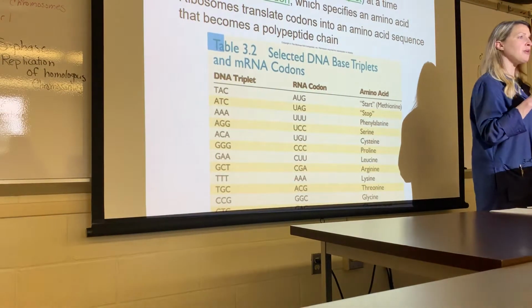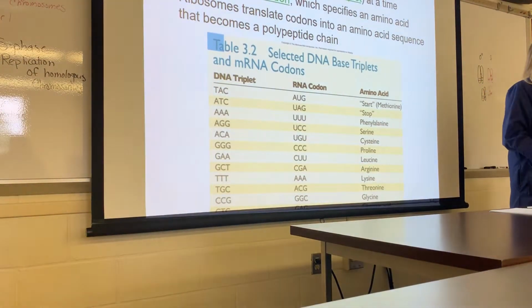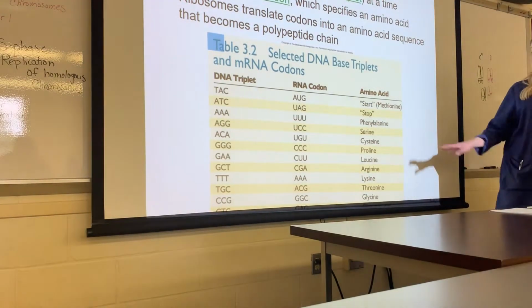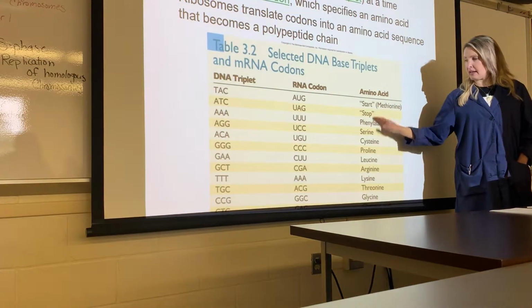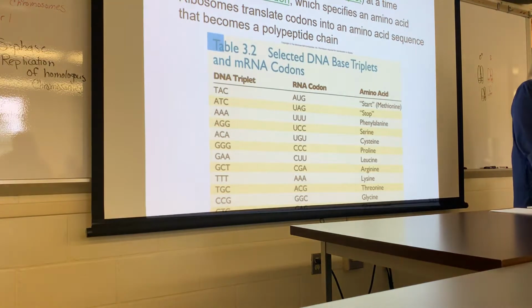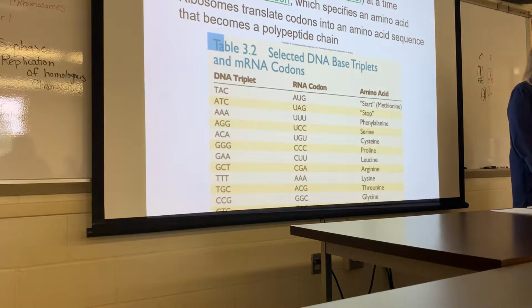Methionine is pretty much always the amino acid that starts the protein. So you should probably write that down too. You don't really have to know the rest of the codons for the other amino acids, but methionine you should know. It's the start, so it's the first amino acid on a protein, pretty much all the time.